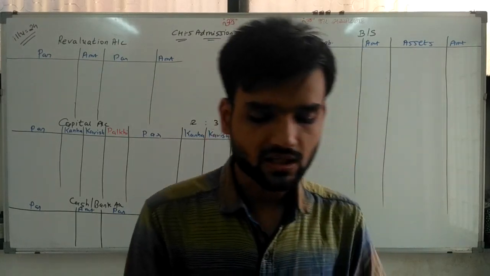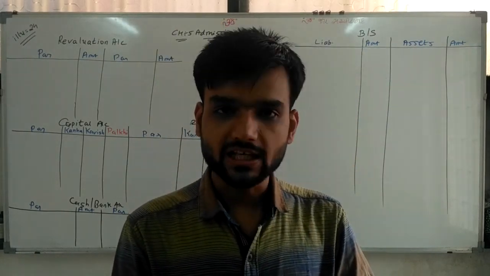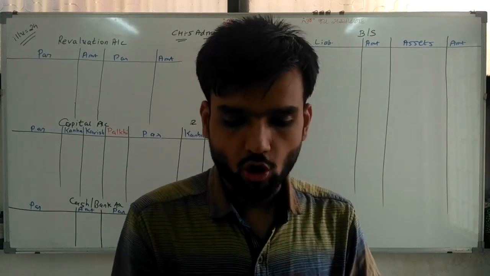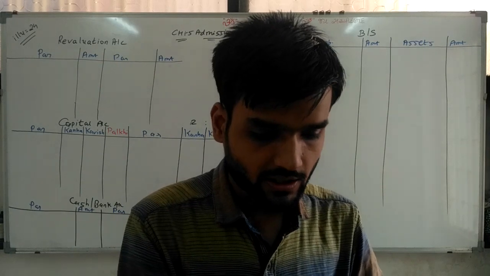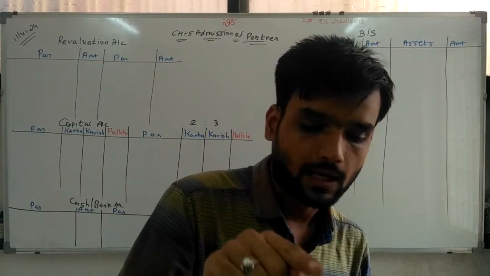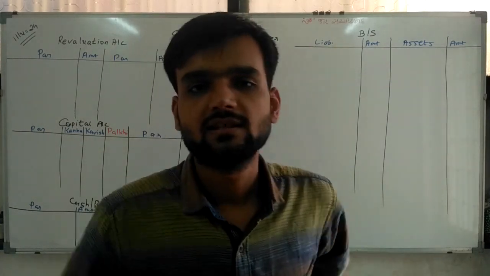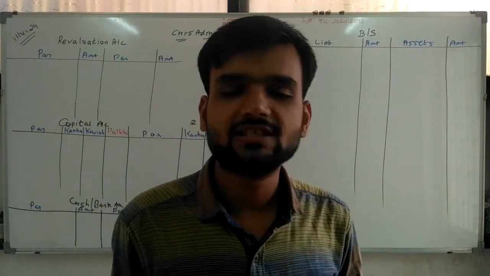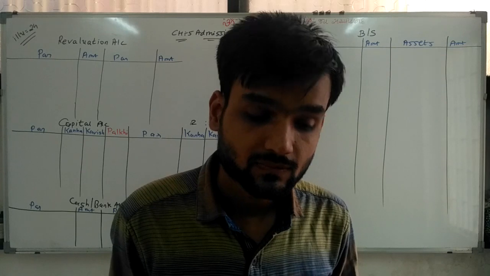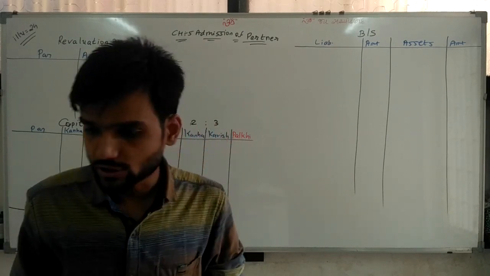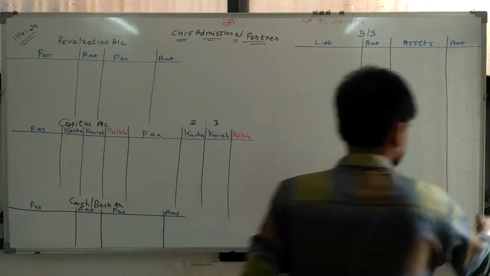Now Kahana and Kavisha sacrifice 1/2 and 1/4 of her share in respect of Palki. Now the most important thing in this sum is, what is the sacrifice? That is very important. So first of all, for the calculation, I am writing here.